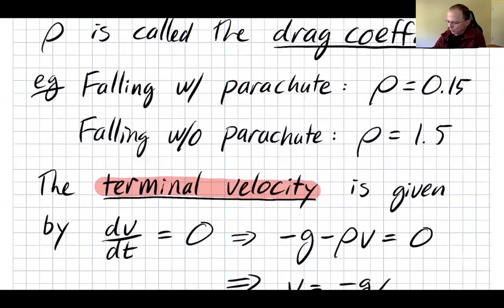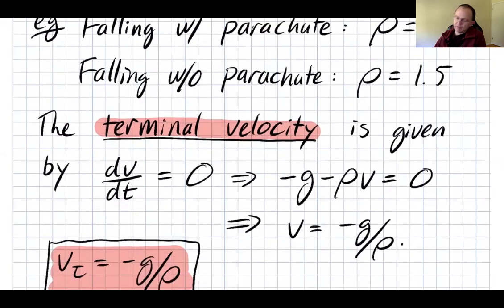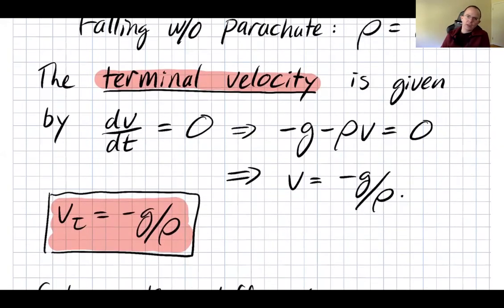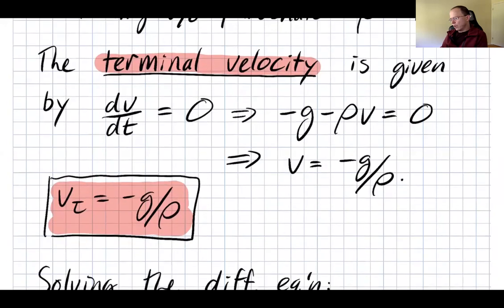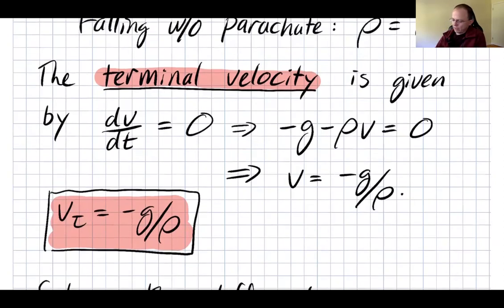Now, what about terminal velocity? So terminal velocity is like the limiting velocity that we're looking at with the car. Terminal velocity is given by when the force due to gravity and the force due to air resistance balance out. Or another way of saying it is when we have a zero rate of change in our velocity.